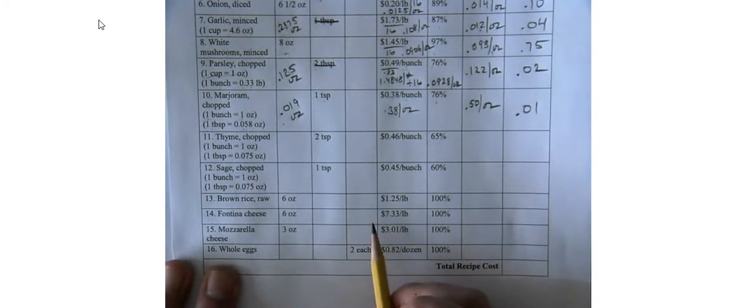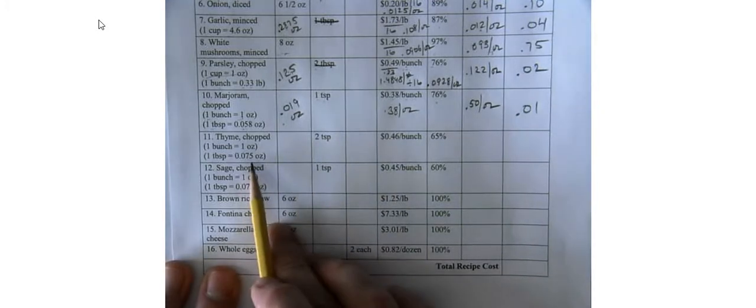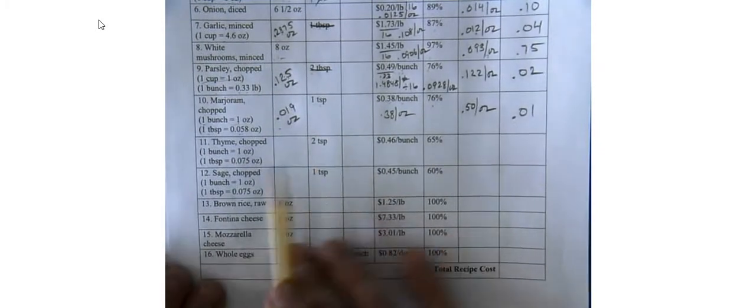All right, the thyme, 2 teaspoons, and 1 tablespoon weighs 0.075 ounces.